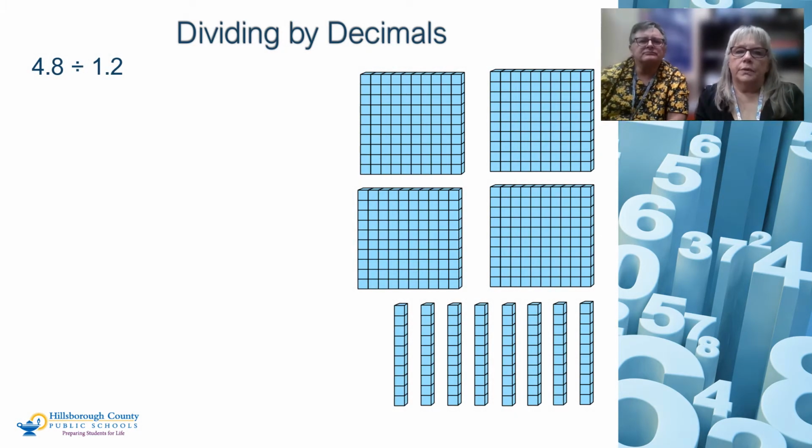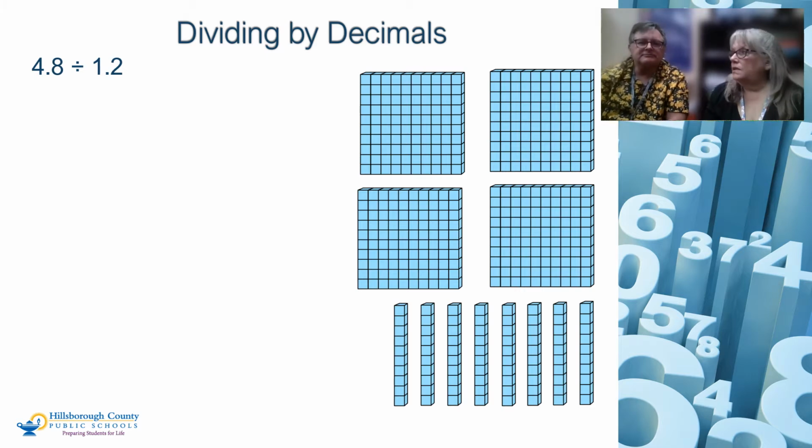Working with concrete tools, we're going to shift into the other benchmark where we are dividing by decimal numbers that are not 1/10 and 1/100th. Here I see 4 8/10 divided by 1 2/10. So again, Daryl, my thinking needs to be: I'm still determining how many 1 2/10 are in my dividend 4 8/10.